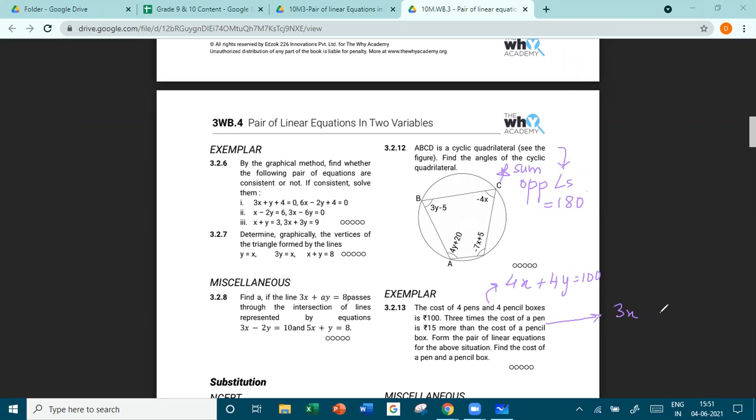So, do we have to find x and y? Yes, you need to find x and y. Okay, Divya has answered, Puneet has answered. Puneet, here they have just said find the cost of a pen and pencil box.